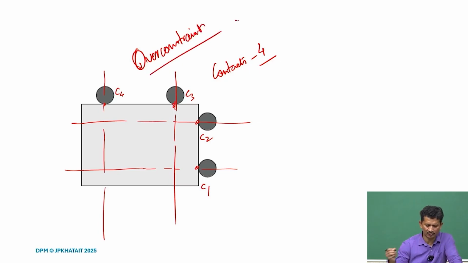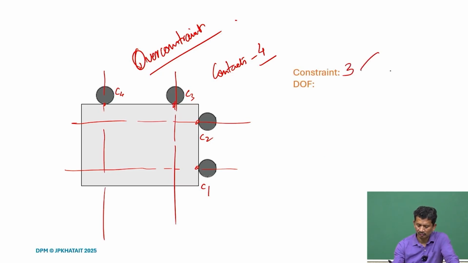So, over constraint design, and definitely I would like to know what is something which is over constrained, overly defined. And if we are talking in terms of constraints and degrees of freedom, constraint is, I am saying 3, but so what is the over constraint?